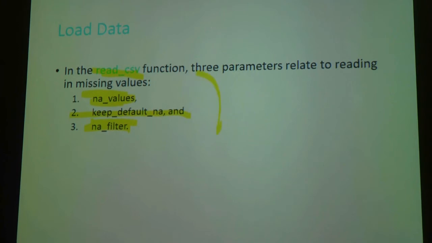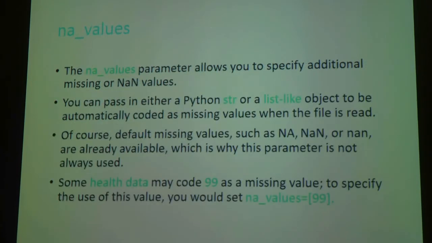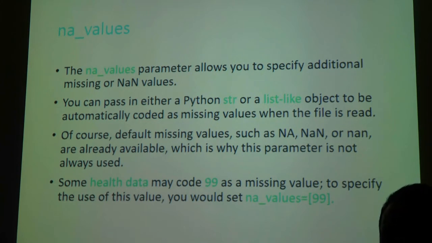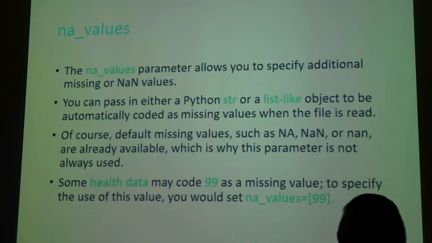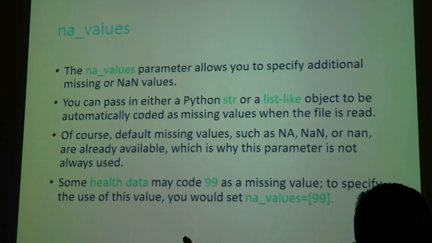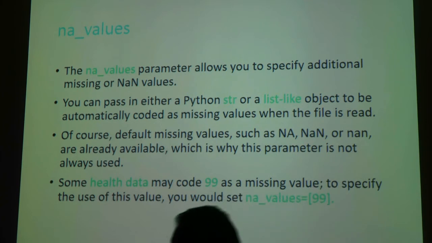Basically, the first two are what we usually use. So what are these values? Again, there's a function called read_csv, right? What is the first parameter you have in that function? The file name. Are there other parameters? There are three more. And three more to deal with what?